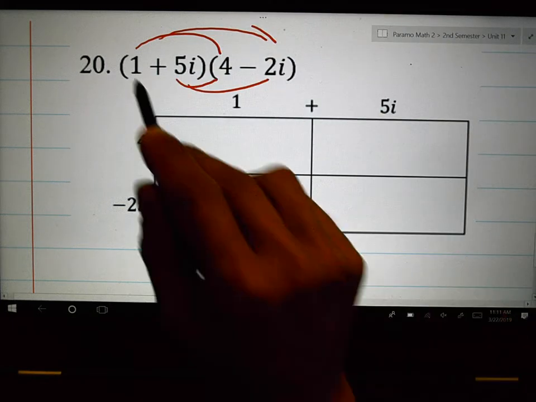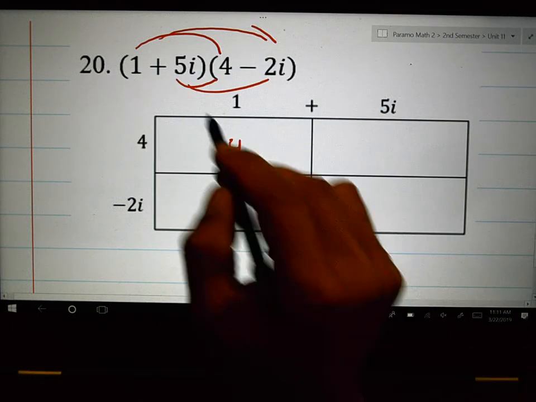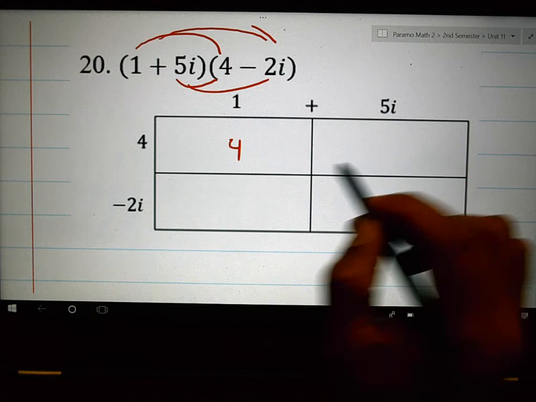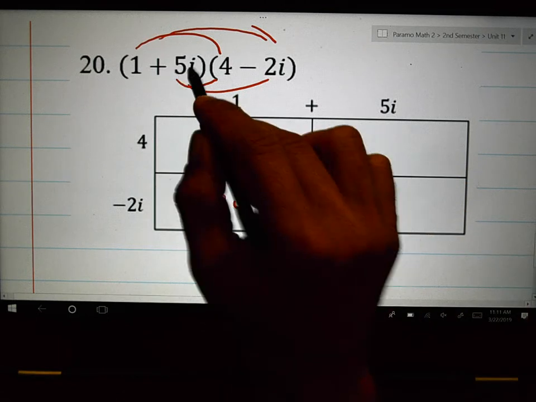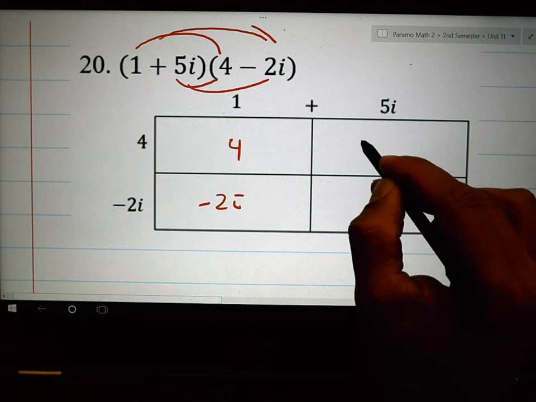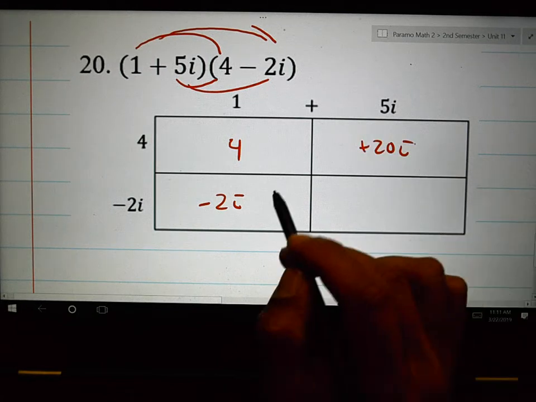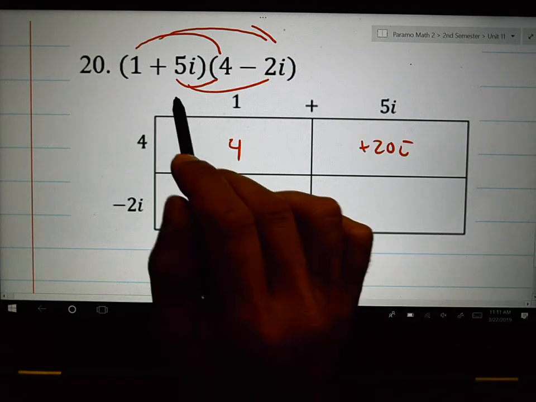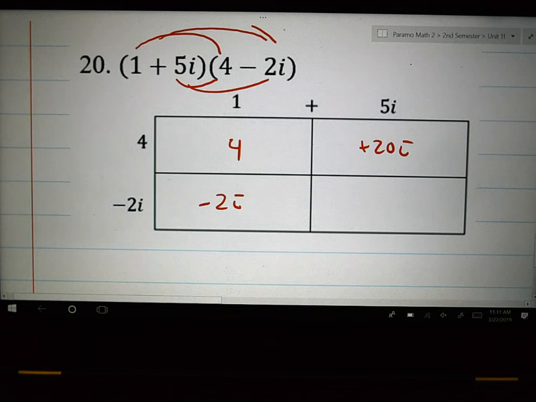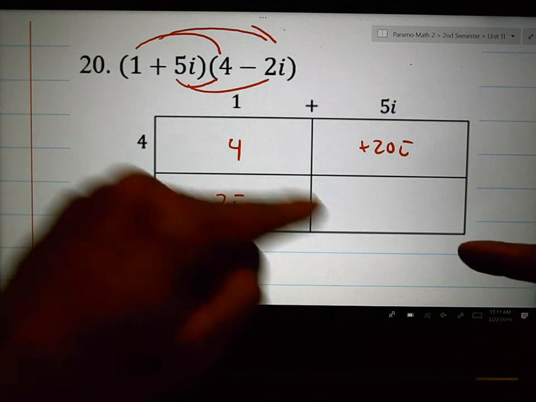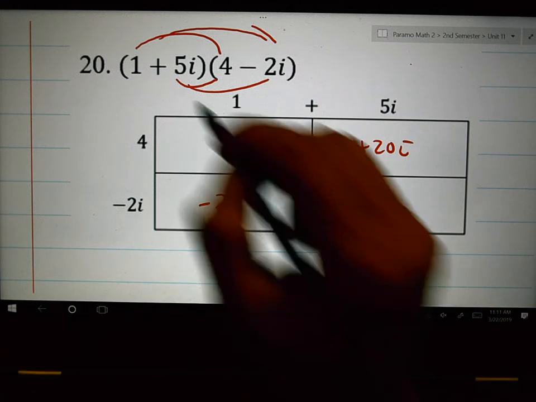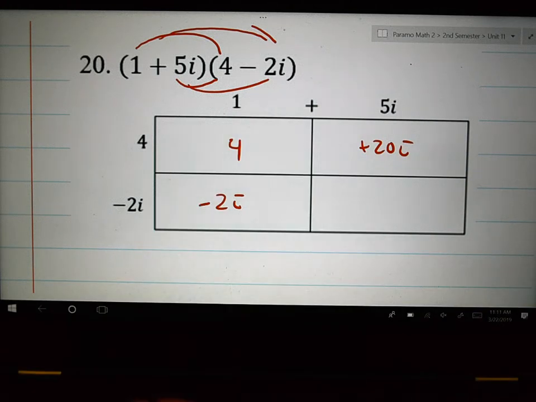Doesn't matter. 1 times 4 is 4. 1 times negative 2i is negative 2i. 4 times 5i is plus 20i. And then this last box, this is where it gets complex. Get it? Complex numbers. It gets really complicated.